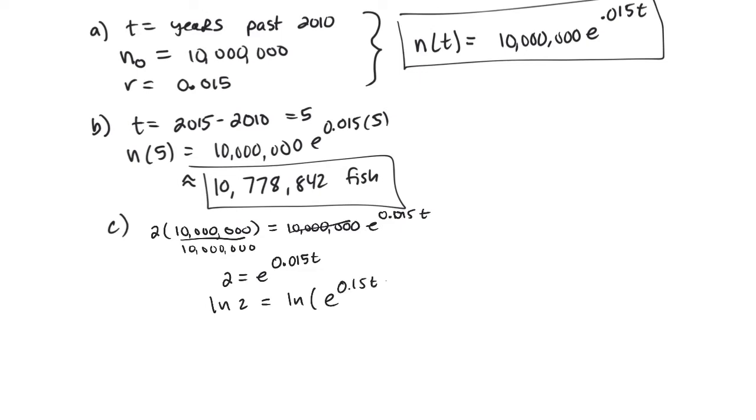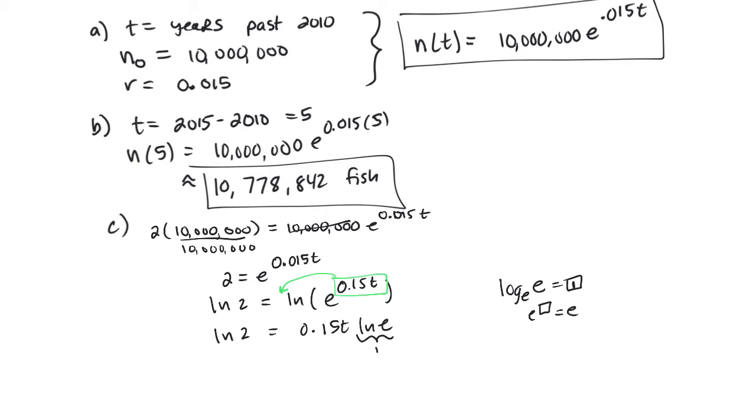Now if I have an exponent inside a logarithm, that gets to come down and become a coefficient. So that can be written as 0.015t times ln of e. But ln of e, what does that mean? That means log base e of e. e to what power is equal to e? That's just 1.